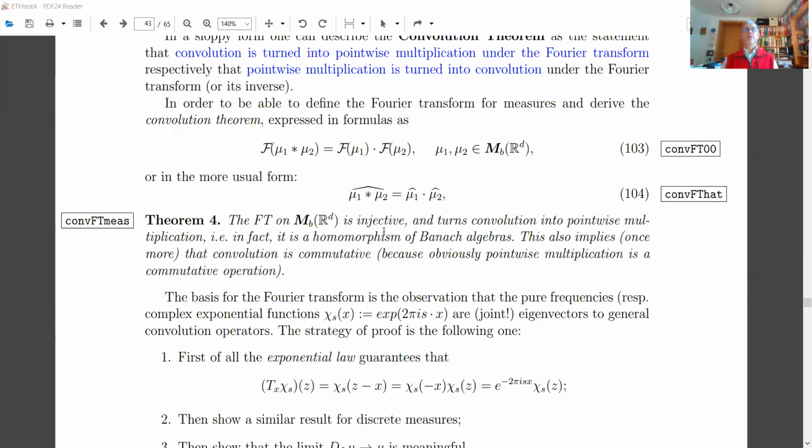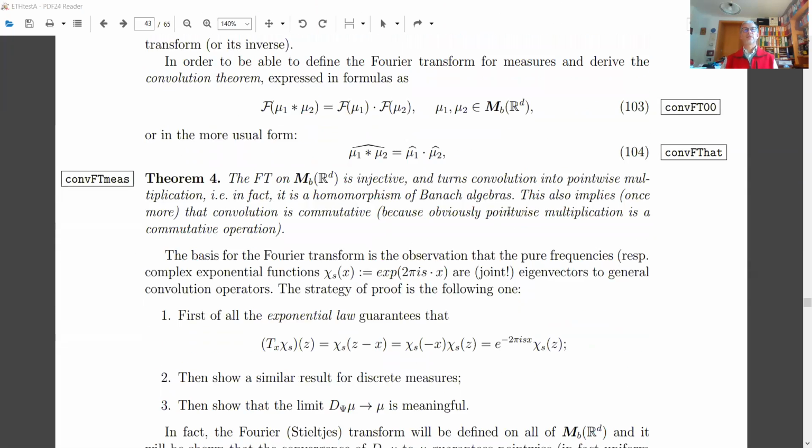Now, one of the main goals, and I have already outlined the path, is the convolution theorem. We have defined a Fourier transform in some natural way, and we want to show that this convolution theorem is satisfied.